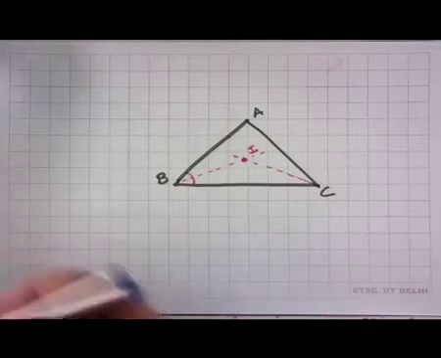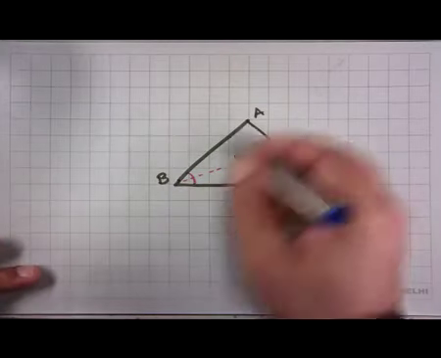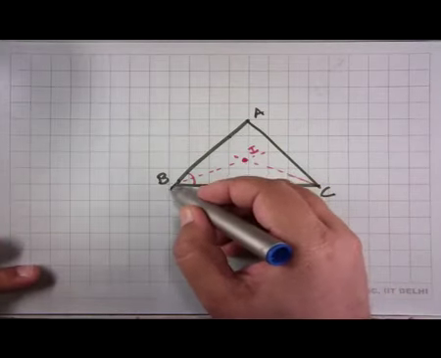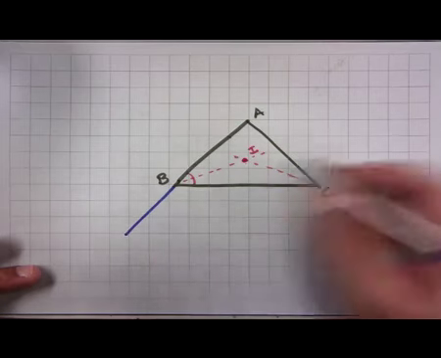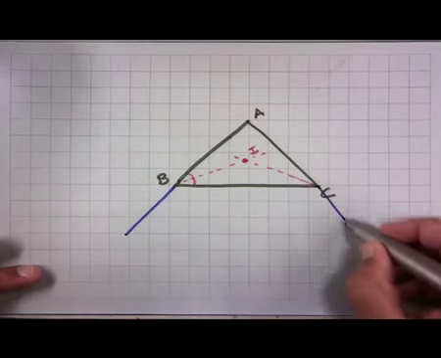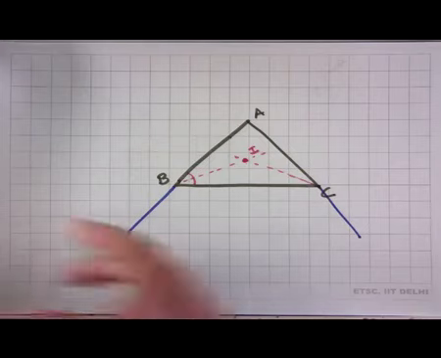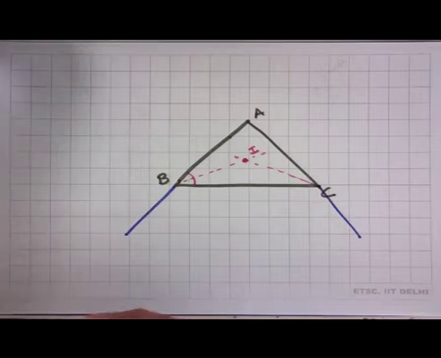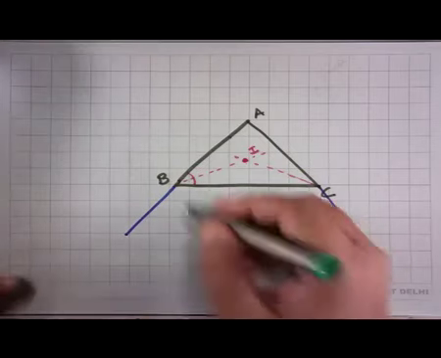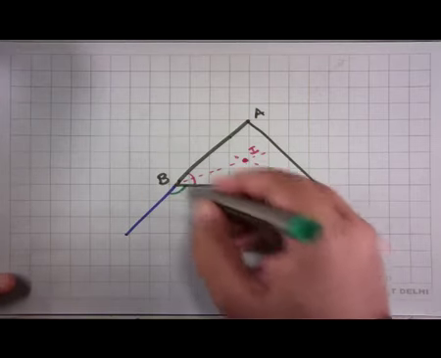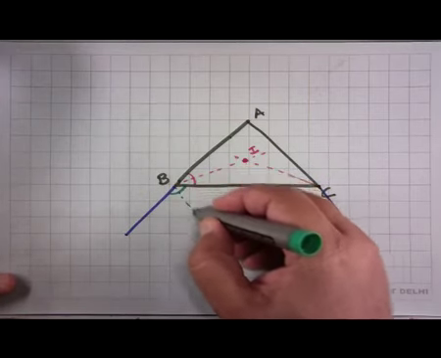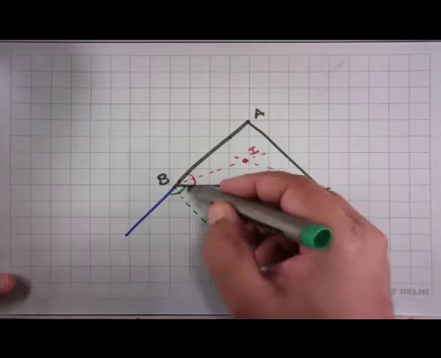If we extend all the three sides further, so let us say we extend the side AB and the side AC, and then consider the angular bisectors of these exterior angles.